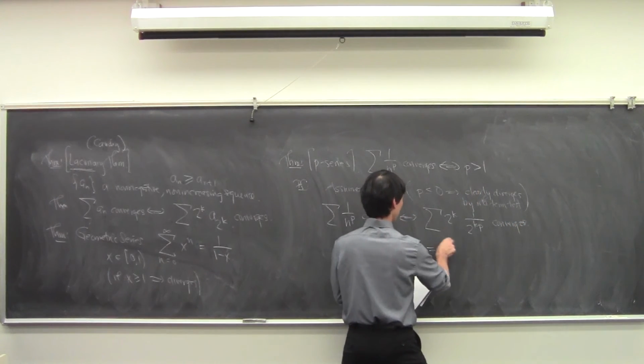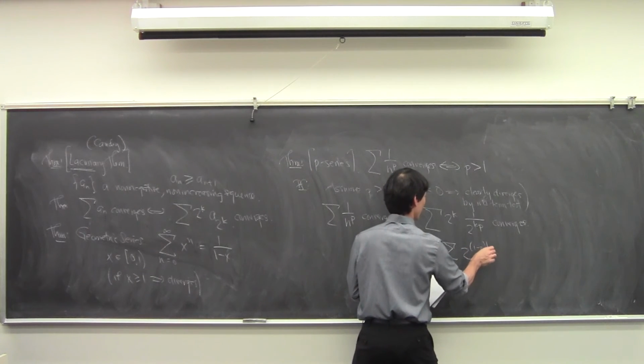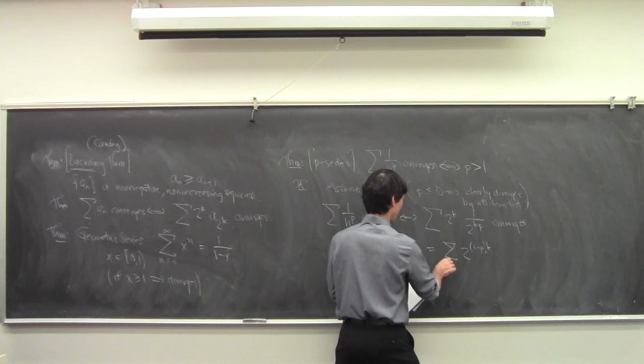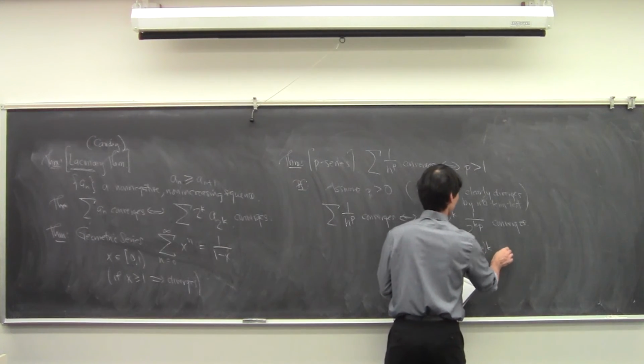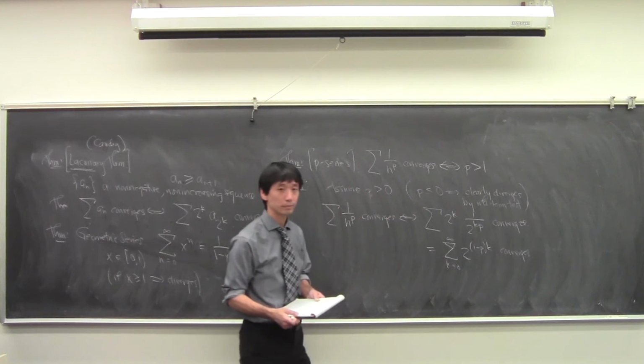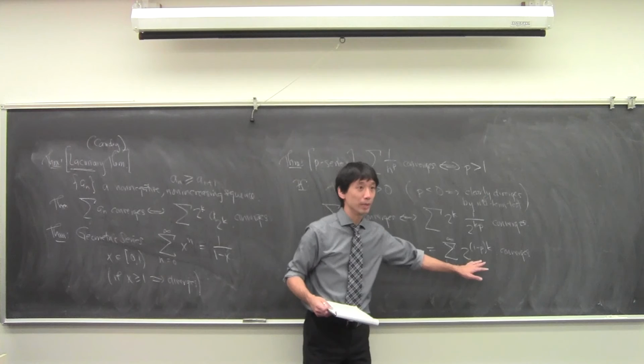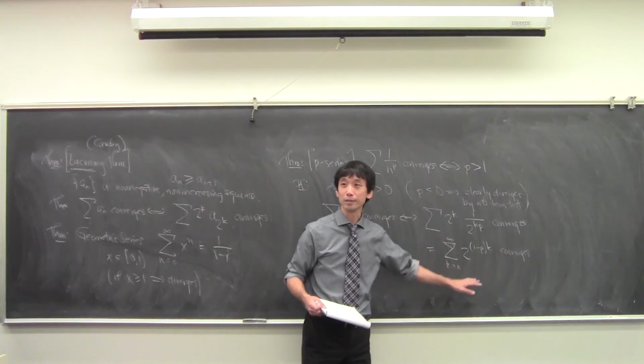Which I'm going to rewrite as 2 to the 1 minus p, times k. I'm sorry, 1 minus p times k. Converges. Okay. But you see what this is? This is a, yeah, Alex.